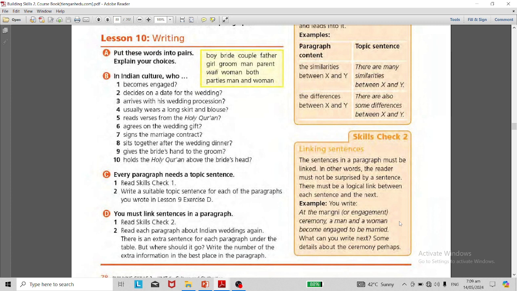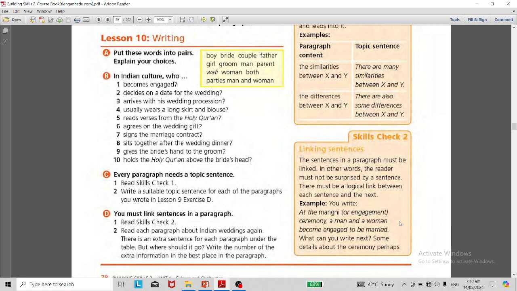We have 2 types of order, logical order and chronological order. Here the focus is logical order. Logical means acceptable. The supporting sentences are about what? About one point. If you say before the wedding there are many events, you focus on before, and if you say there are many differences, you focus on the differences. So here our example is engagement.